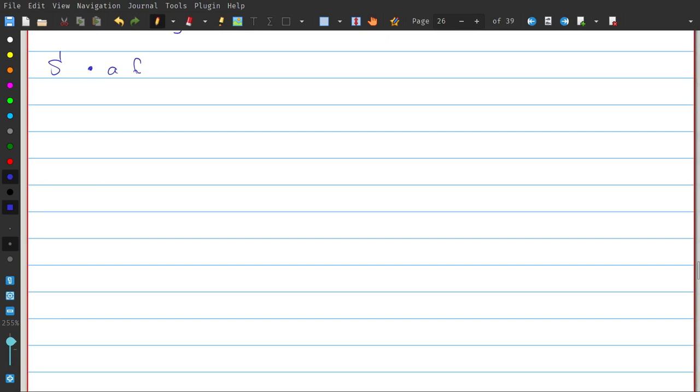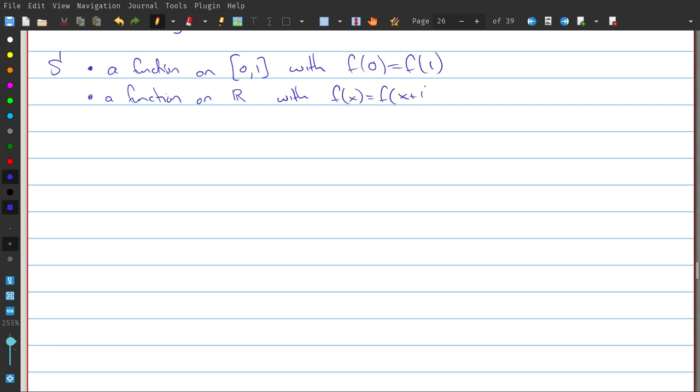We can either say a function on S1 is a function on [0, 1] with f of 0 equal to f of 1, or we can say a function on S1 is a function on R with f of x equals f of x plus 1. That is, it's periodic, it keeps repeating. And these two are equivalent to each other.